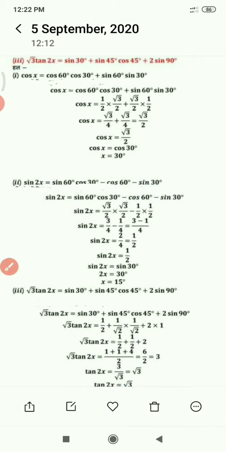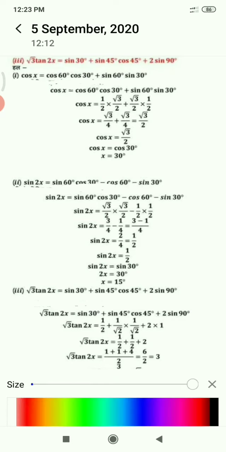Put the values in the given problem. Then 1 by 2 times root 3 by 2 plus root 3 by 2 multiplied by 1 by 2.